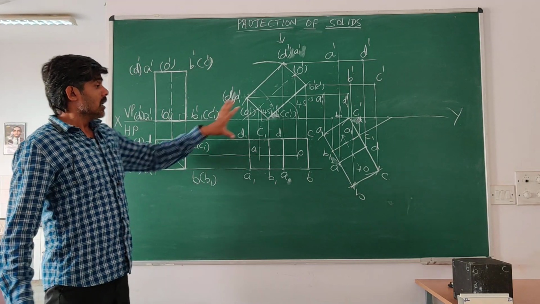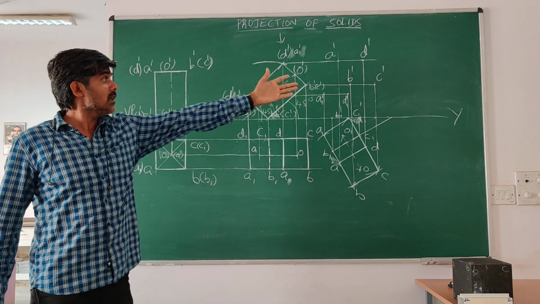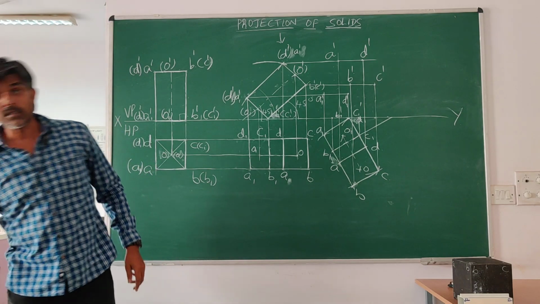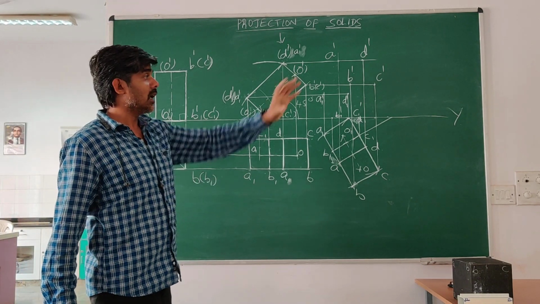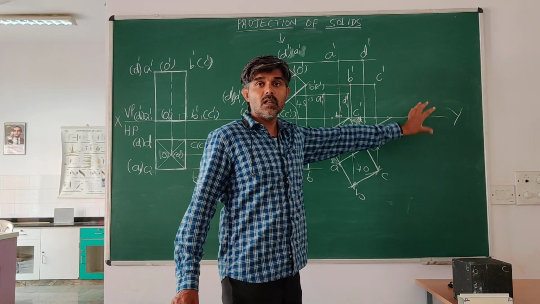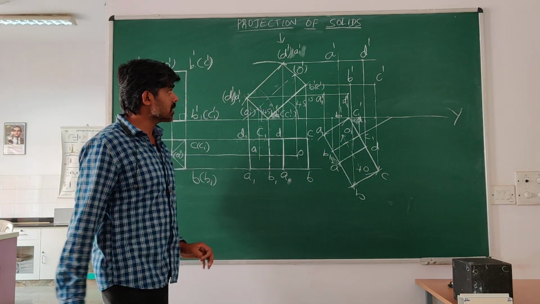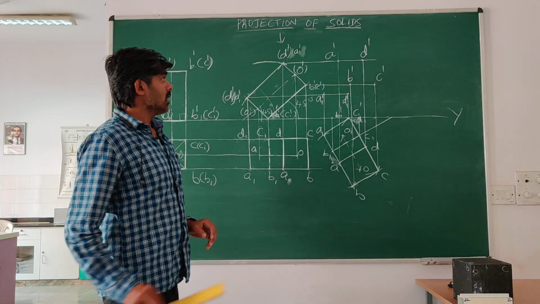Now let's try to join the lines. As usual, I had already written the laws or the rules. The first rule: all the boundary lines are visible lines.